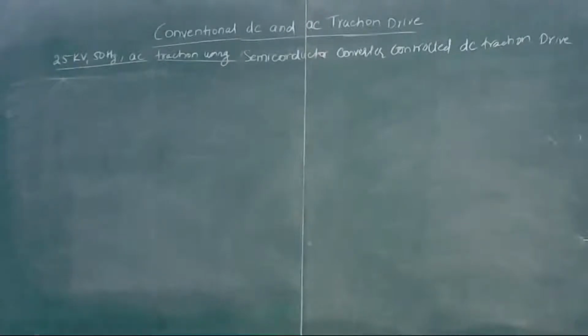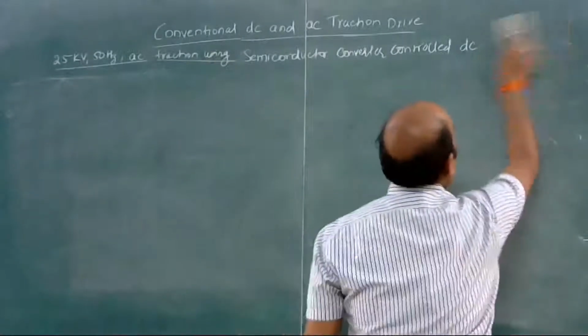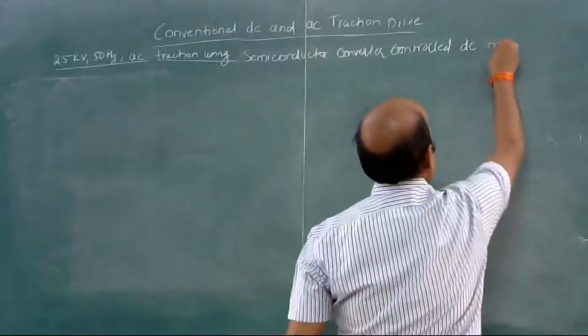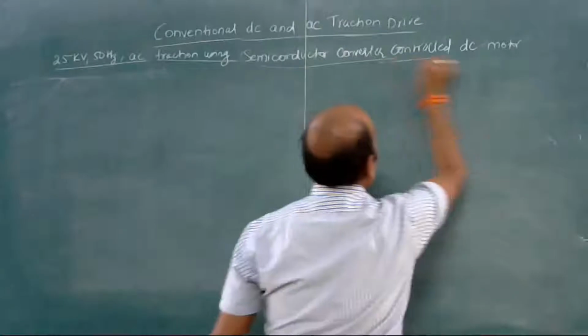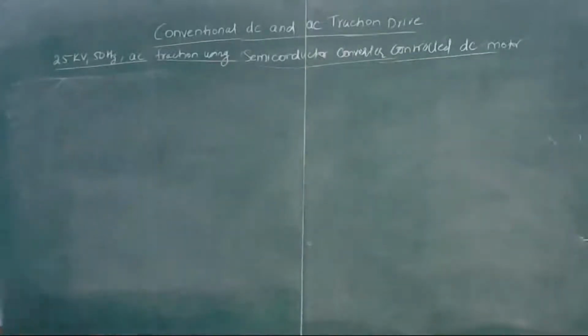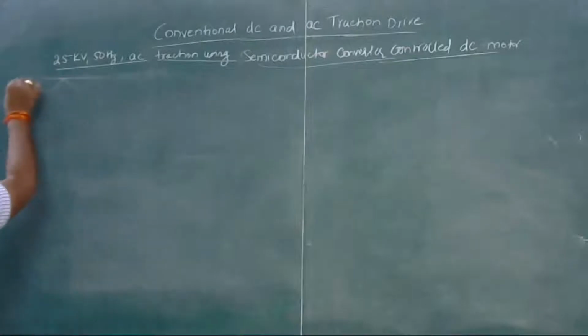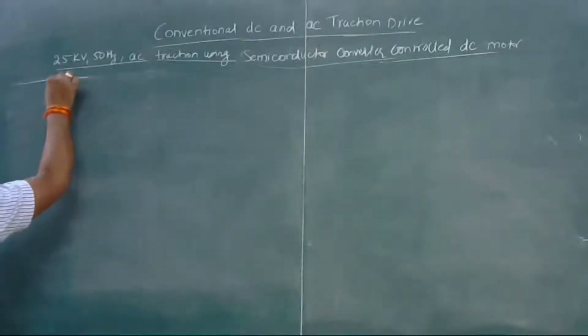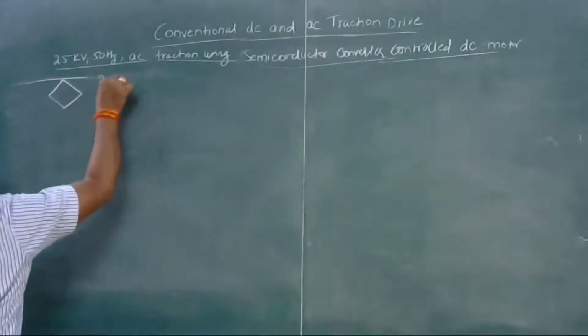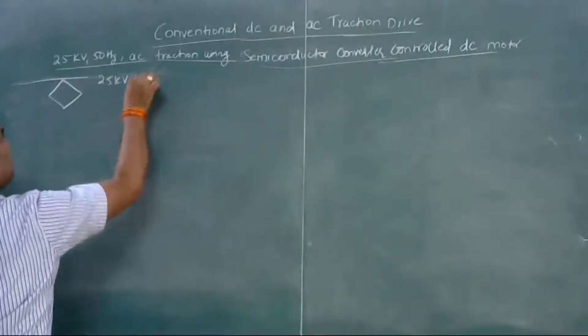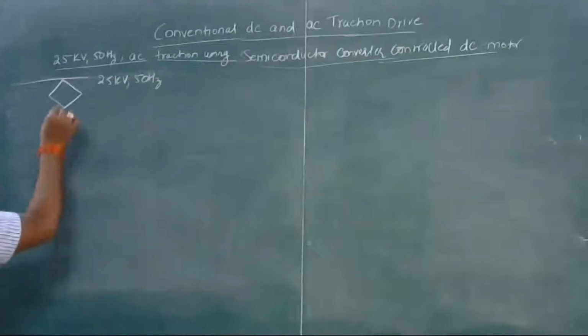So, sorry, this is traction mode. DC traction. Okay. So, what will we do? Again, this is a 25 kV, 50 Hertz AC supply, overhead AC supply.